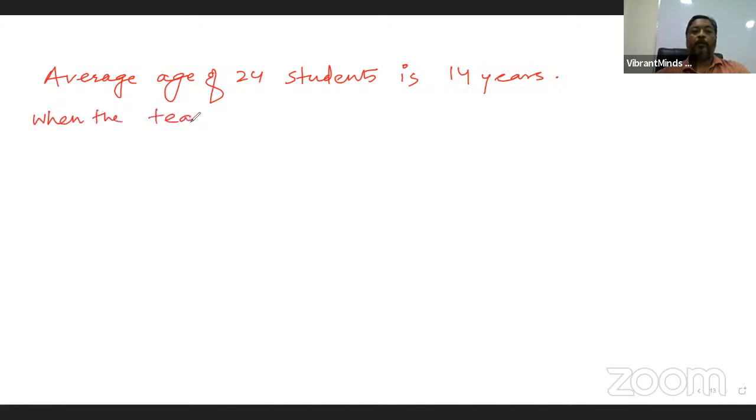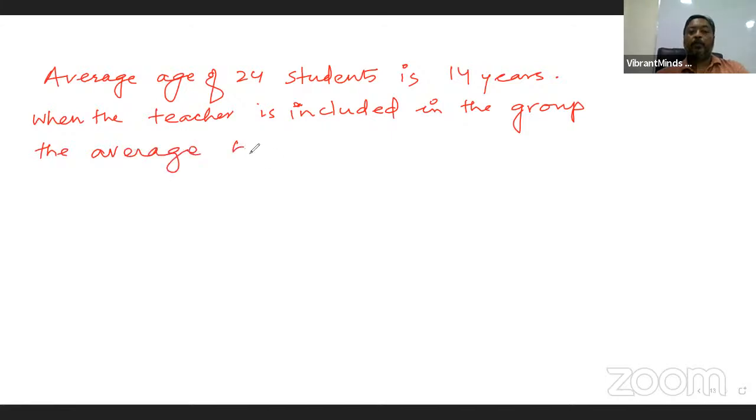When the teacher is included in the group, the average becomes 15.